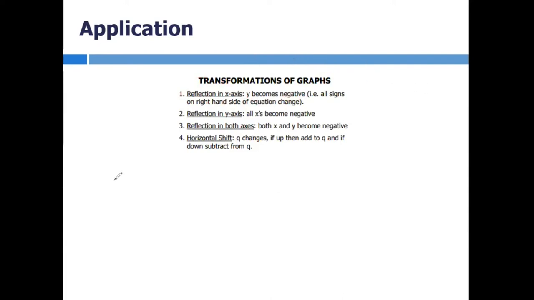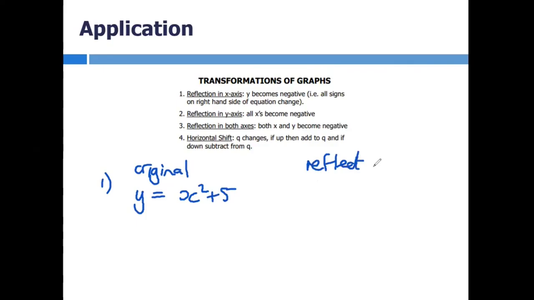So for example, I'm going to just do number 1 as an example. If my original equation is y equals x squared plus 5, and then I'm reflecting in the x-axis. They said that to reflect in the x-axis, your y value changes, which you can actually imagine.